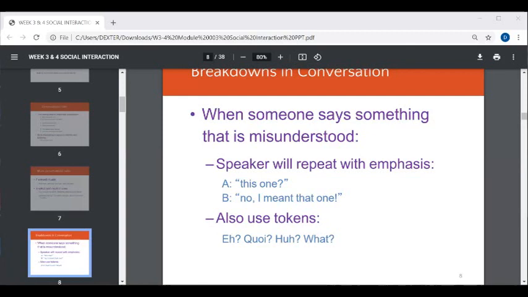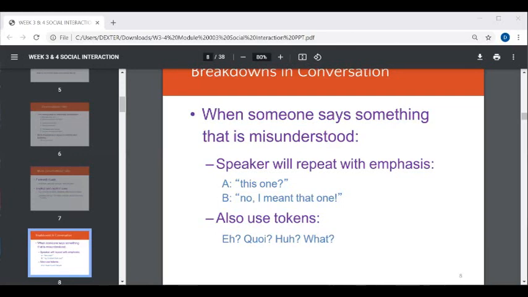So, detecting breakdowns in conversation requires that the speaker and the listener both pay attention to what others say or do not say. Once they have understood the nature of the failure, they can go about repairing it.